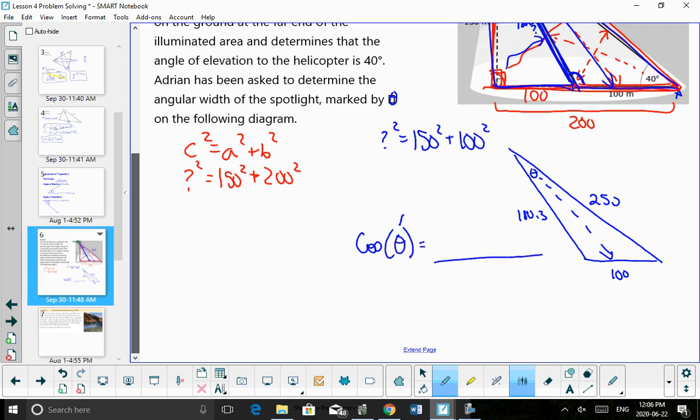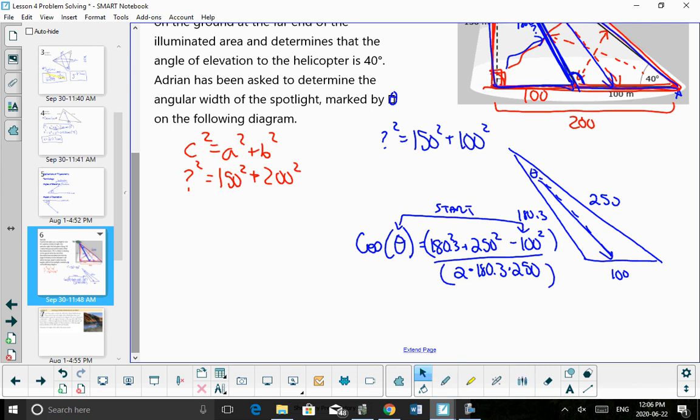So remember, always start with its match. What does theta match? It matches the 100. Then the other two sides go in the middle, like that. Always start with that matching pair and then just plonk the other two sides in.